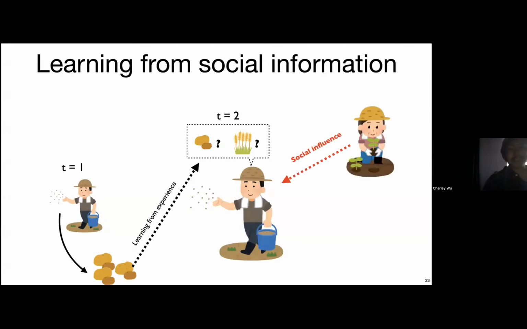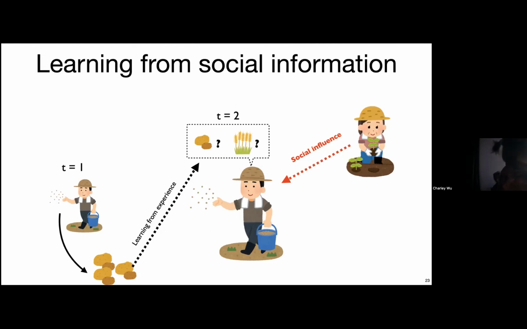But now let's assume there are other conspecifics also playing the same task in the same environment. In this case, an agent might wisely use the observations from the conspecifics or other agents in the environment.